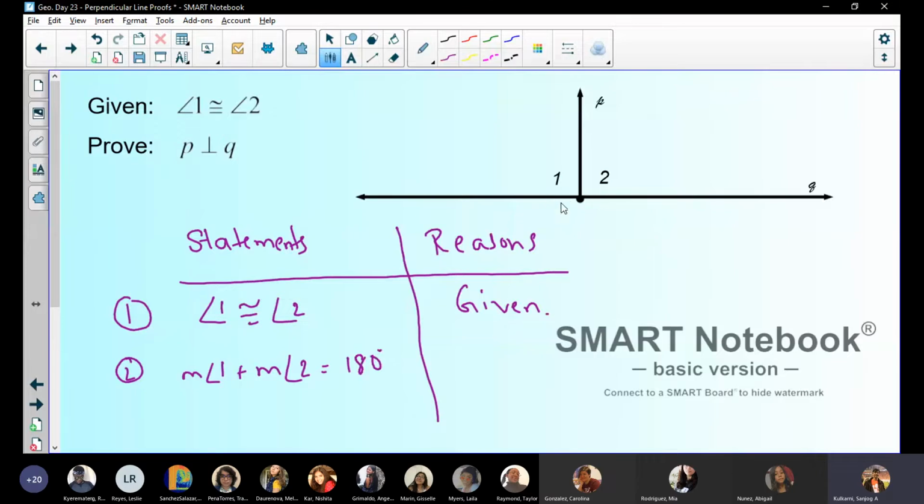We know they are a linear pair from the figure, so I can say by the linear pair postulate that they will add to 180 degrees. I have measure of angle 1 equals measure of angle 2. This is the angle congruence definition, because angle 1 is congruent to angle 2 whenever measure of angle 1 equals measure of angle 2.